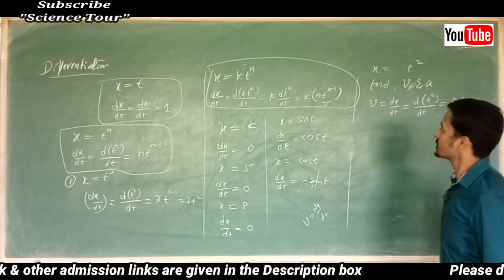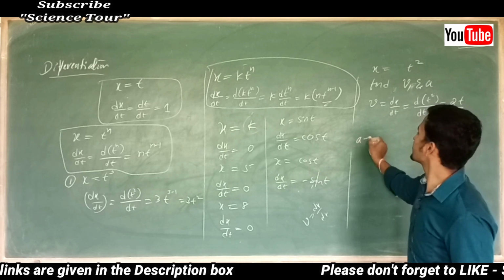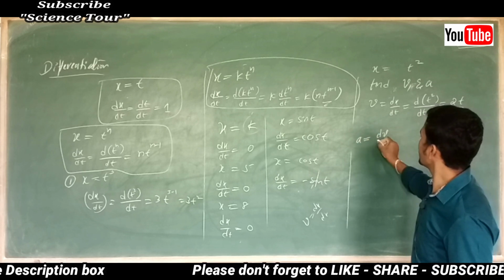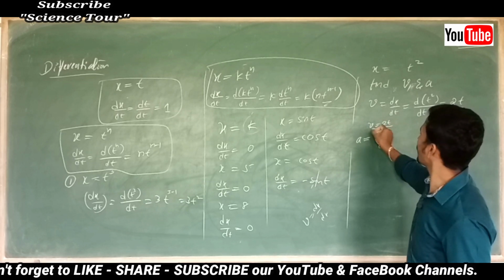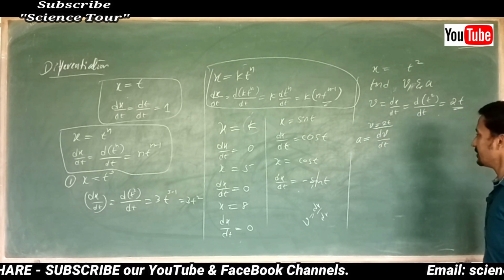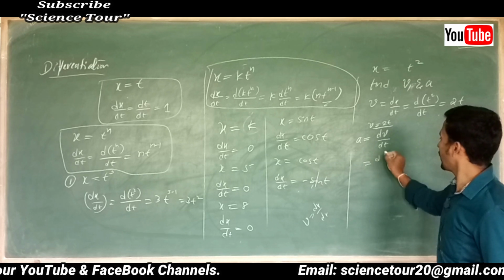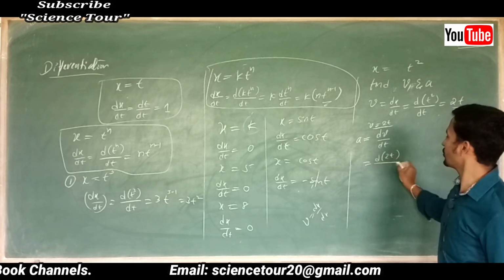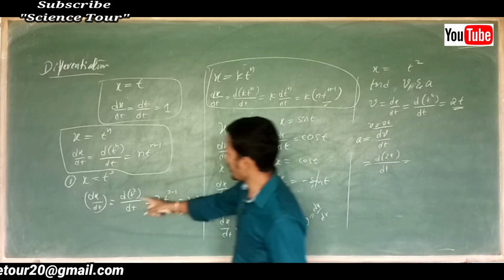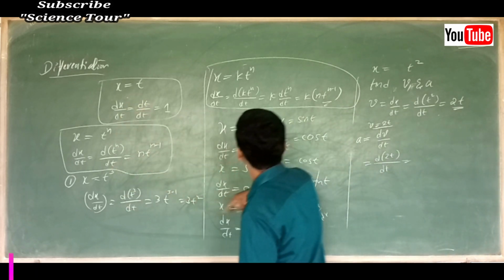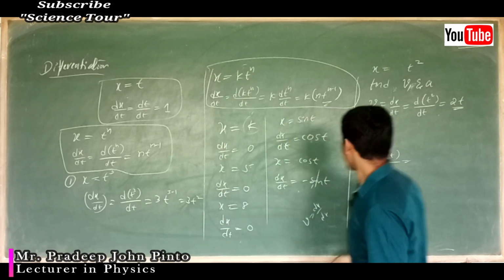Then what is the acceleration? Acceleration is equal to dv by dt. Velocity is equal to 2 times t, you got. So dv by dt means at the place of v you have to put 2 times t. 2 times t is in the form of kt to the power 1.